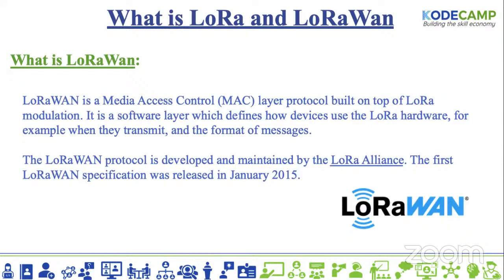With over the air activation, the device has to establish a network key and an application session key to connect to the network, which is why it's called over the air activation. That means it needs two security keys: the network key and the application session key. I'm going to talk about that in depth in other slides.